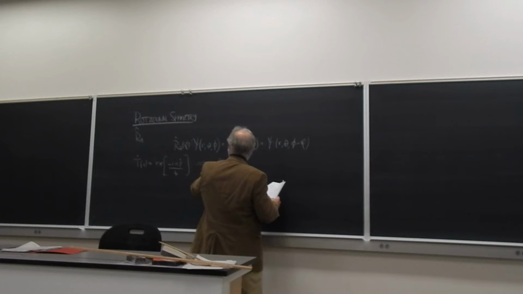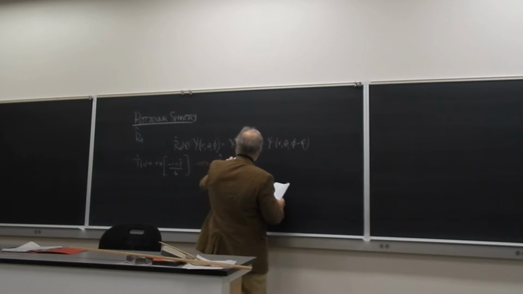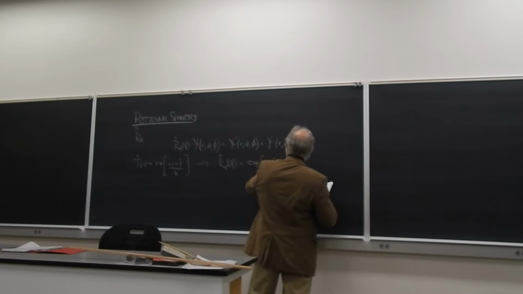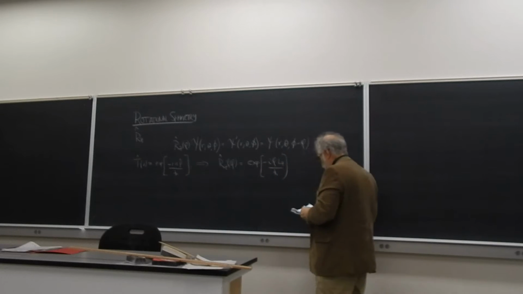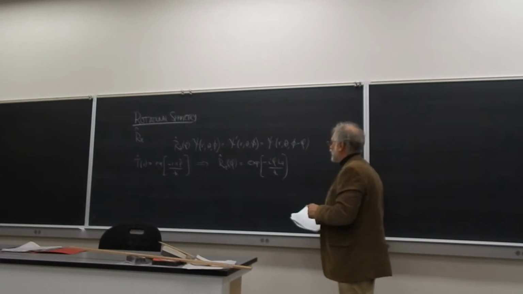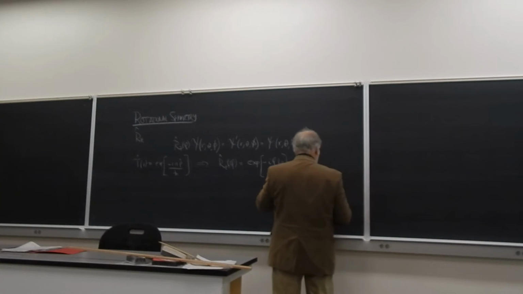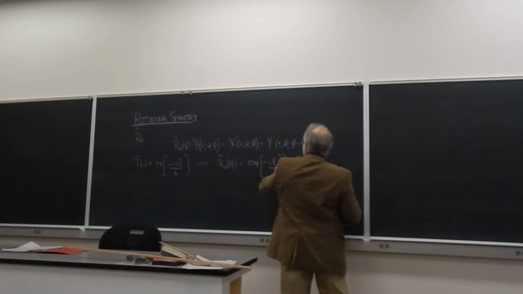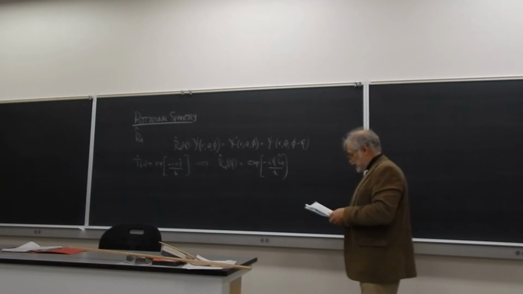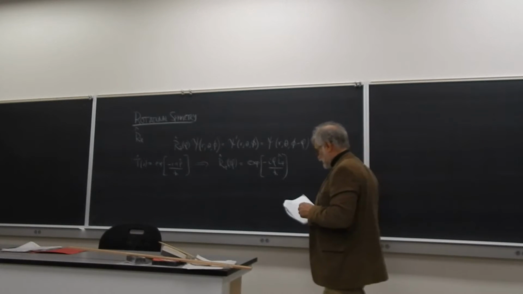So by the same token, we can say R sub z of phi is equal to e to the minus i phi L sub z divided by h bar, where L sub z is going to be the generator of rotations about the z-axis.